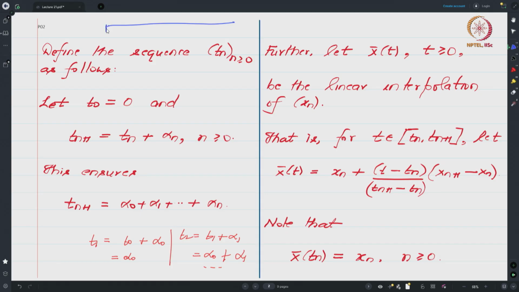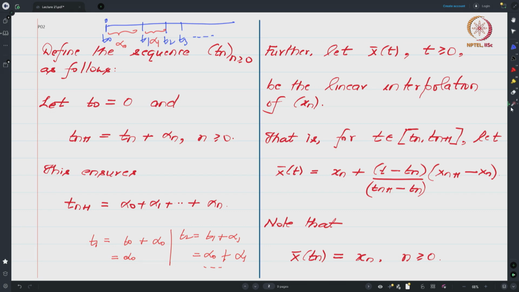Let us say this is 0. We will call this T0. Then you will have T1, you will have T2, you will have T3 and so on. The gap between these two values is alpha 0, between these two is alpha 1 and so on and so forth.